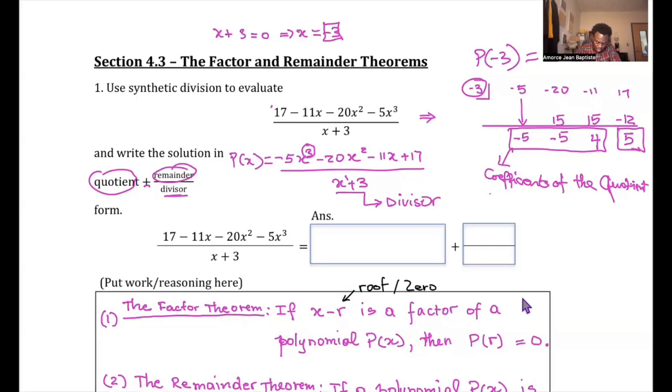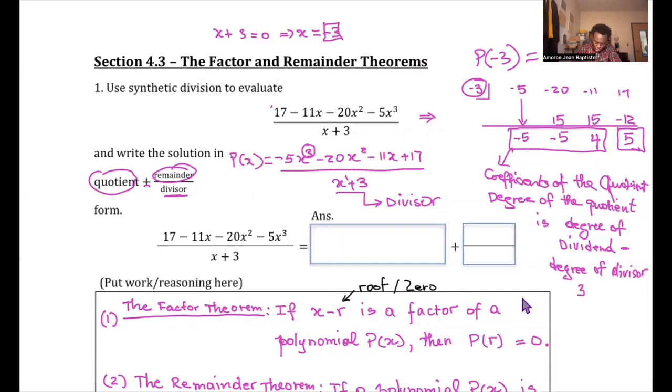So the degree of the quotient is the degree of the dividend minus the degree of the divisor. In this case, it's 3 minus 1 equals 2.